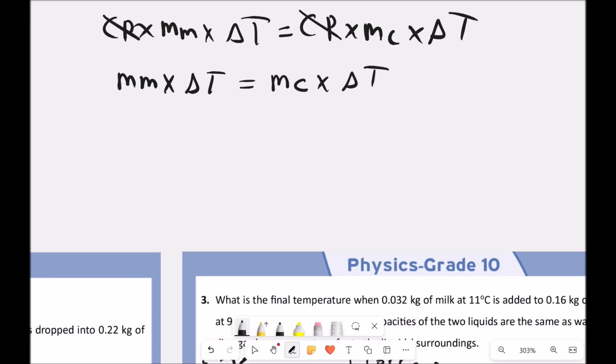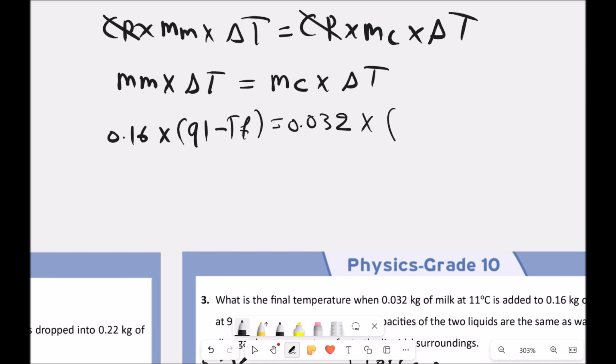So mass of the milk was equal to 0.16 times 91 minus T final is equal to 0.032 times, because of course coffee is going to gain heat, so it's going to be T final minus T initial, so T final minus 11.